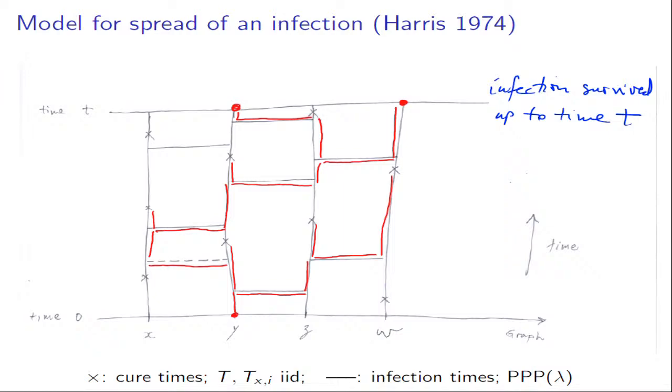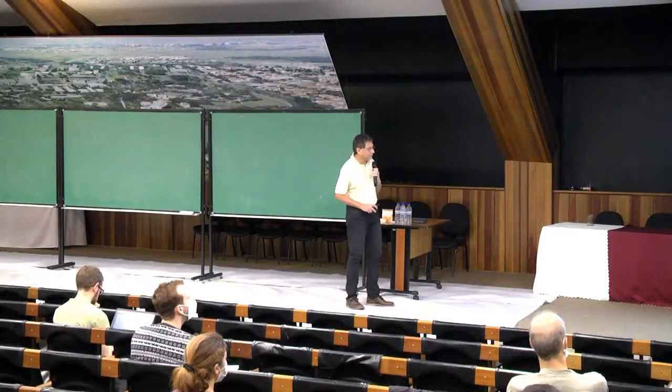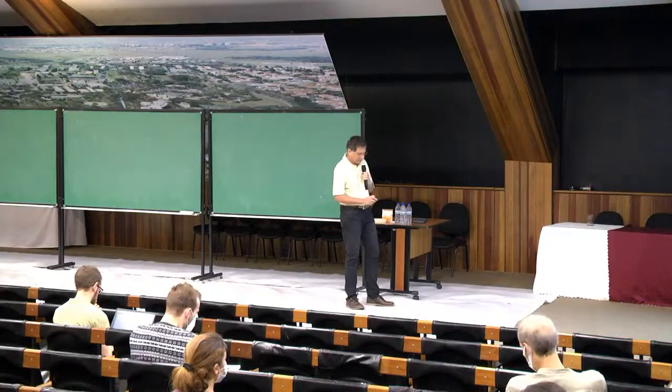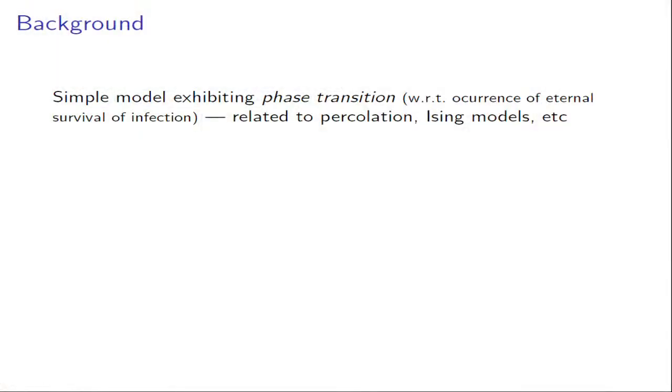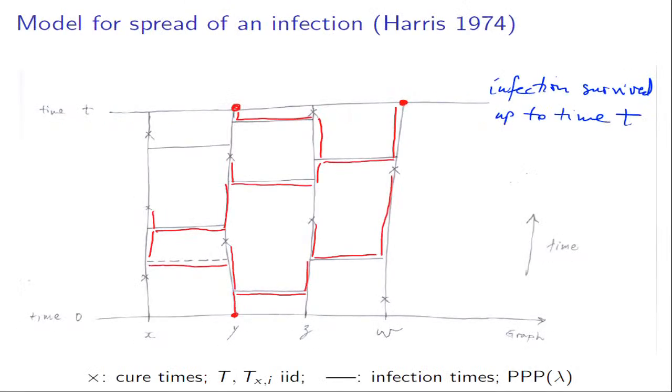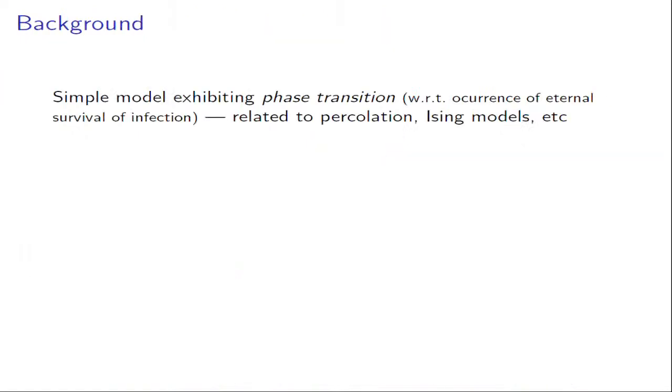This is how the model works, and it is a model that exhibits a phase transition with respect to the occurrence of eternal survival. You can ask whether the probability for the survival of the infection, starting from a single individual, to run forever is positive. This model is a bit like percolation.